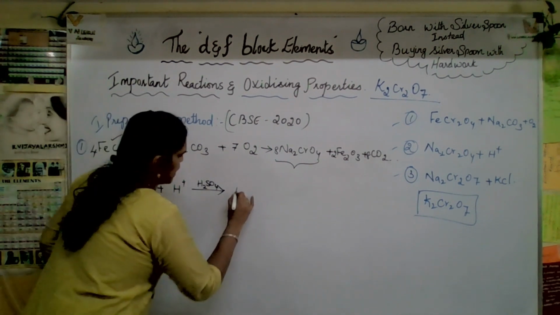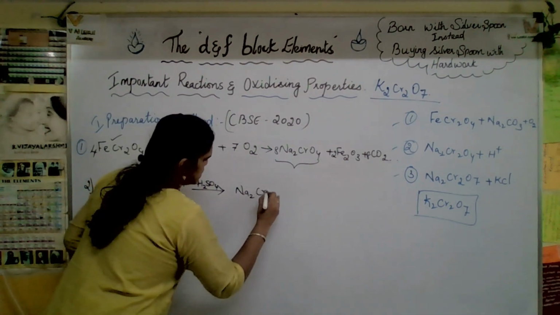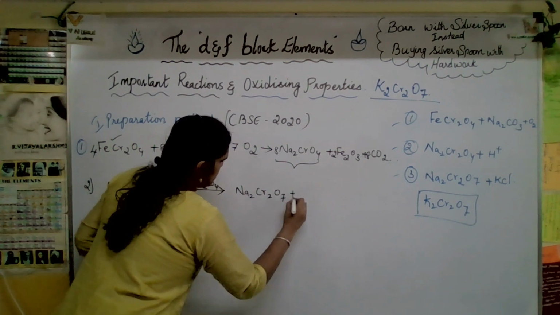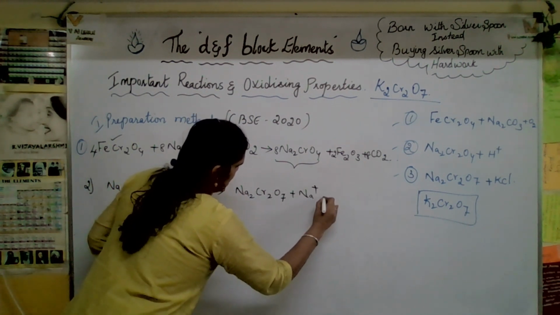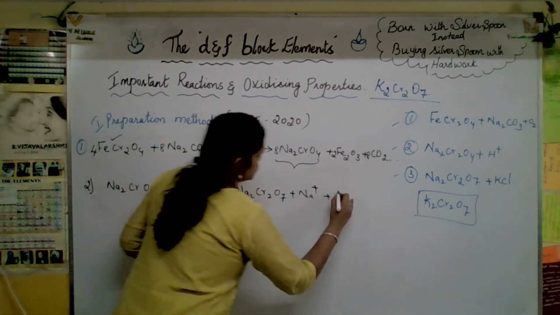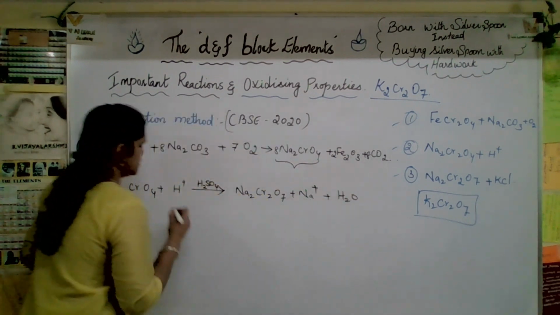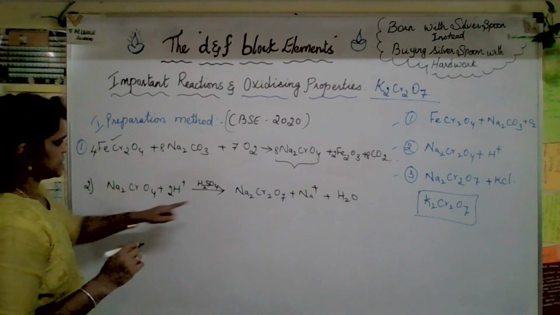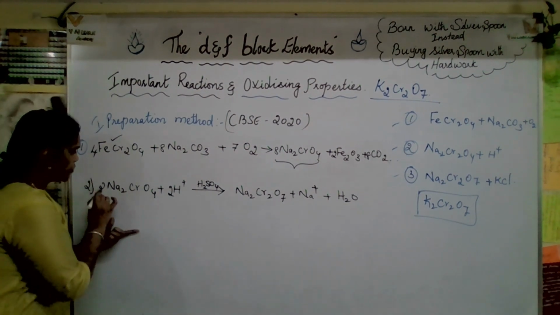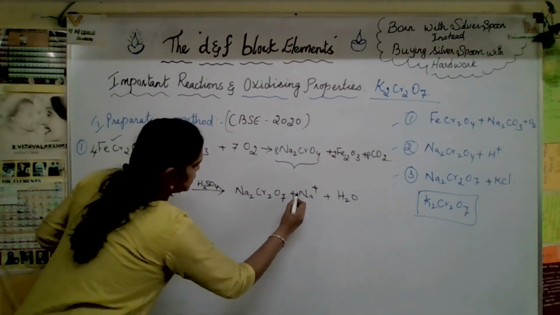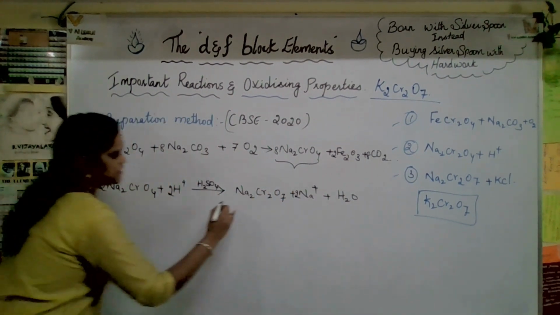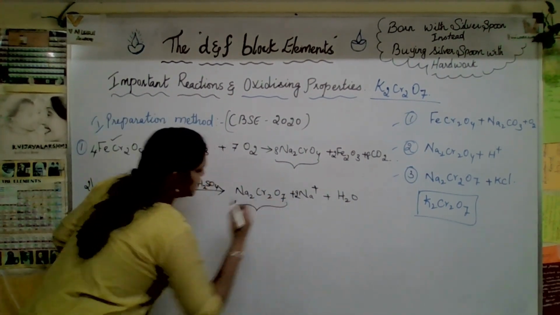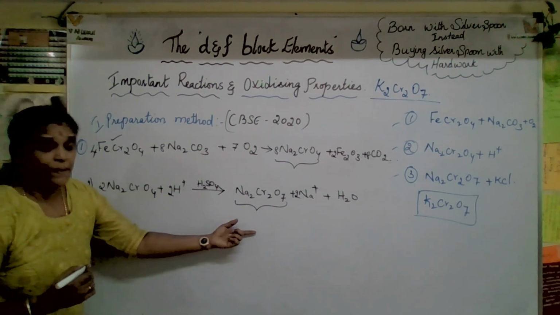So what will you get? Na2Cr2O7 plus Na+ ion and H2O. Right? So here you will get 2, and you will get 2 here. Now this is sodium dichromate. You got that sodium dichromate.